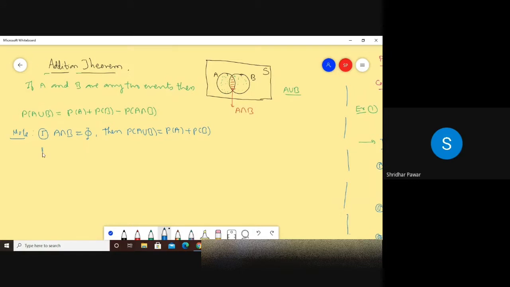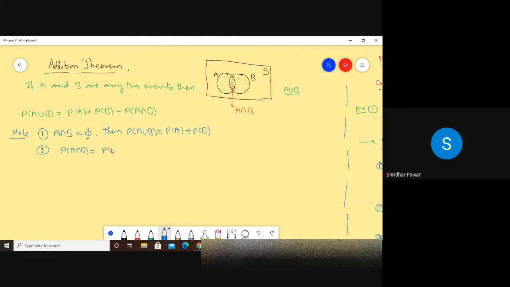Now see, you may find probability of A intersection B from this. How? Take this minus P of A intersection B to the left hand side and this P of A union B to the right hand side.